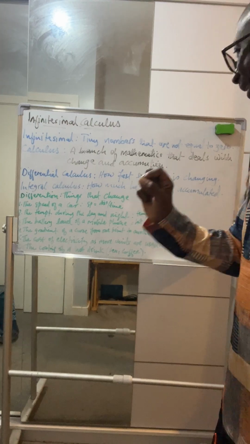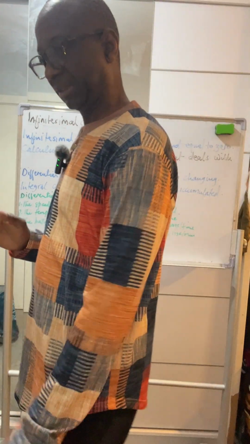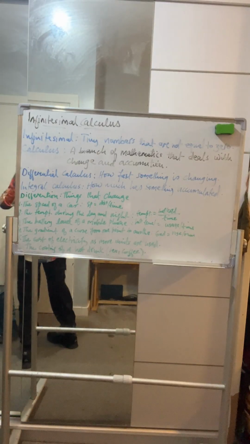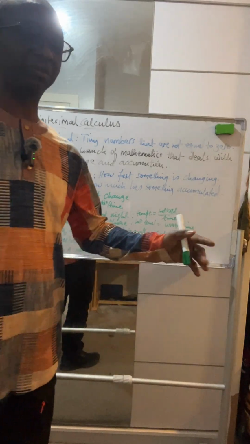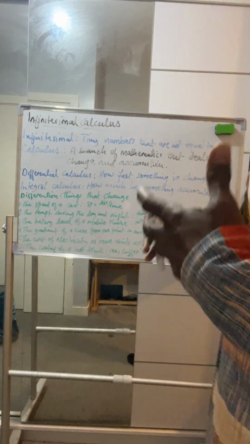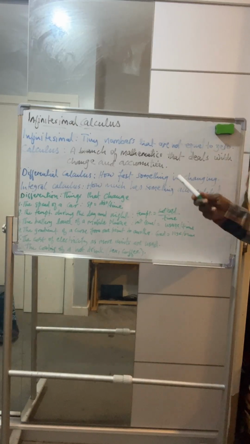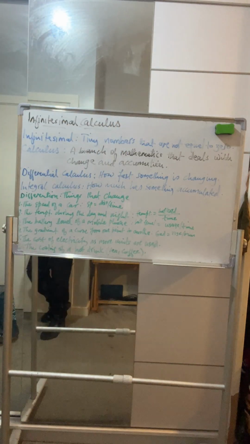These are numbers that are tiny, but they are not equal to zero. Very small numbers, but they are not zero. So that is the meaning of infinitesimal. And calculus, as we know, is a branch of mathematics that deals with change and accumulation. That is calculus.